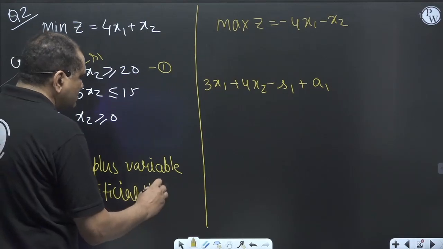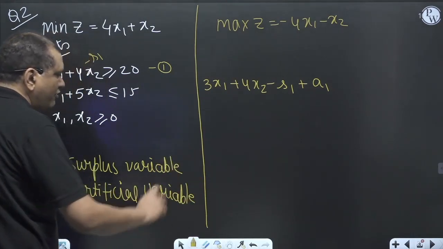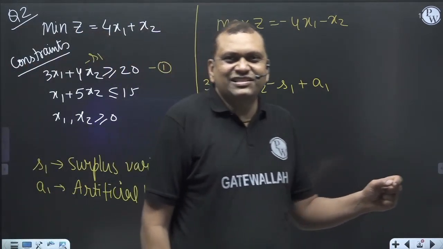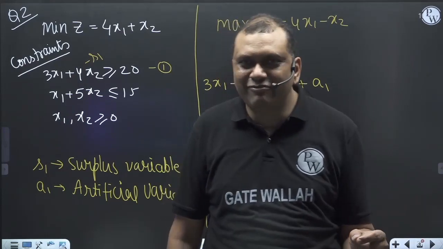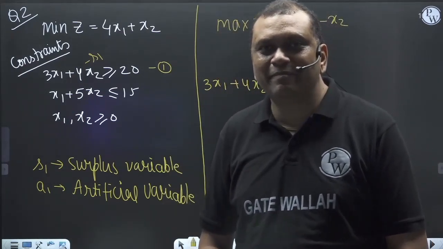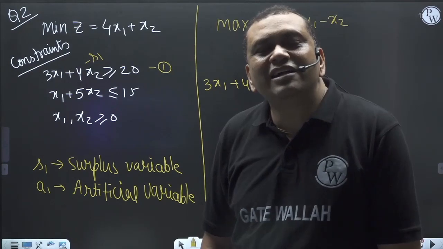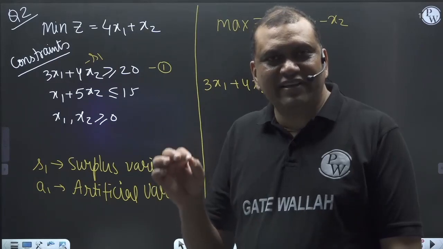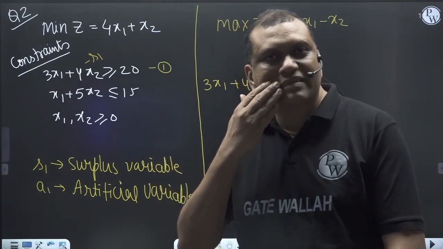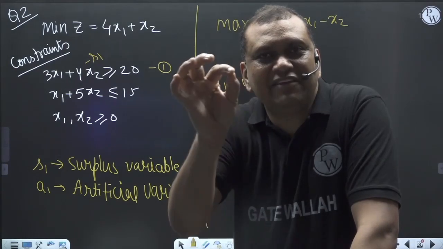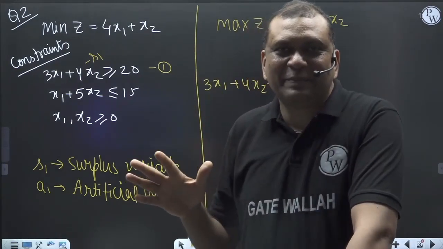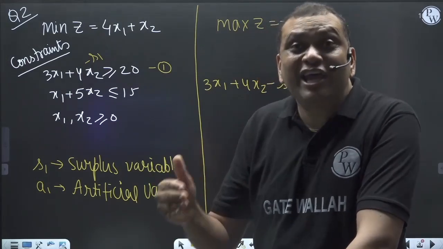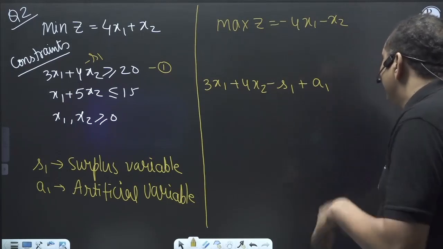Now see what sentence I am speaking, very carefully. Artificial variable incurs heavy loss in the objective function. So you know how it will be?